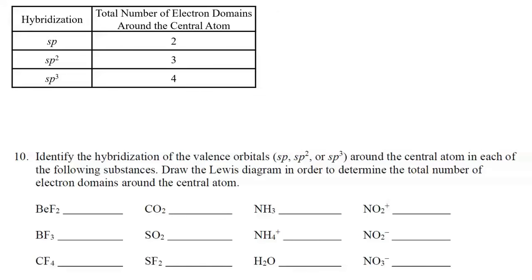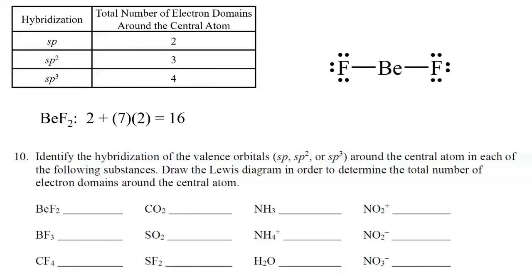And this is a rather unusual molecule because it is similar to BF3, where the central atom has less than an octet. So beryllium has 2 valence electrons, and fluorine has 7 valence electrons, and there are 2 of them in the molecule. So that would be 16 valence electrons.